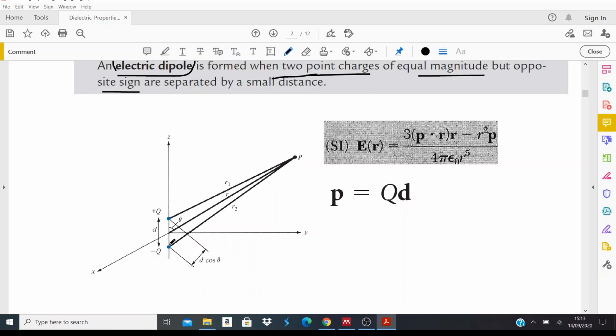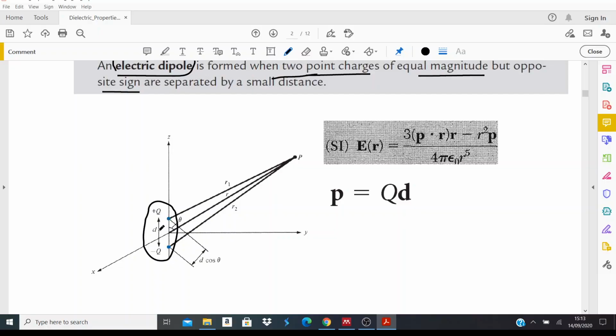So that's a dipole configuration, and we are putting our origin of coordinates halfway between the charges, right? That's our origin. So the plus charge is along the z-axis at a distance d/2, and this is at minus d/2. So the total distance is d, and this is our electric dipole configuration, right?